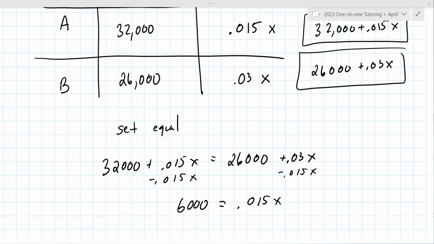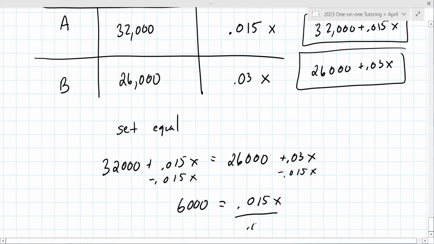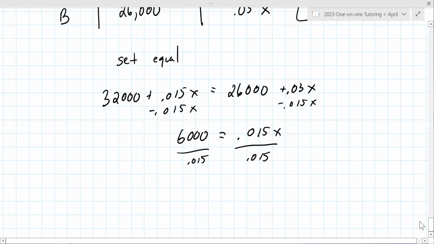Yeah, okay, so minus 0.15 and 0.15. Does it become 6,000 is equal to negative?